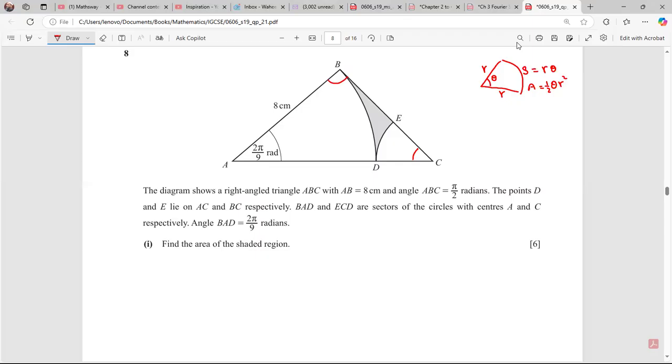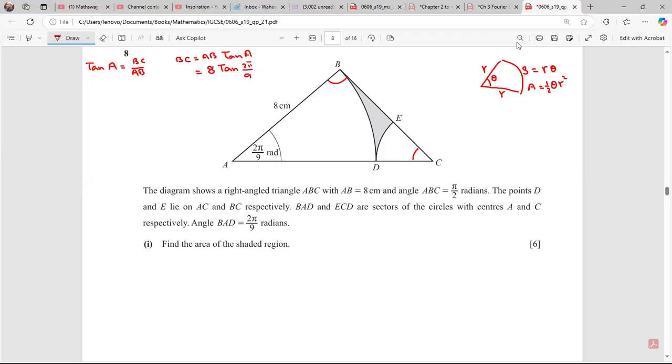So you can see that if we talk about the tangent of angle A, it is going to be BC over AB. So from here you can see that BC is equal to AB into tangent of A, and AB is 8 centimeter times tangent of A, which is 2 pi by 9.